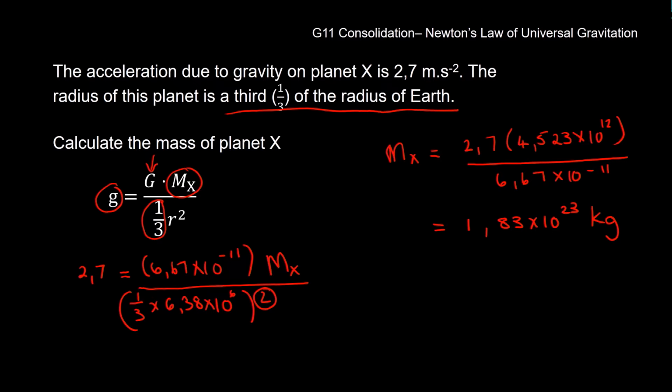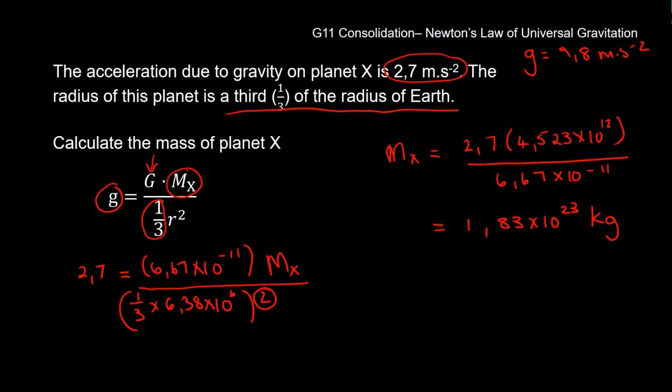Now, let's check. Because we've got this answer, how do we know that it is correct? We are thinking, if we look at the gravitational acceleration, it is quite a bit smaller than Earth's, because we know that g, gravitational acceleration for Earth, is 9.8 meters per second squared.